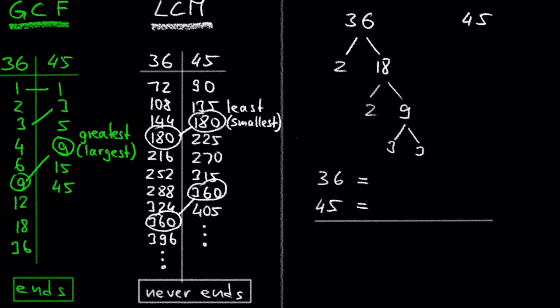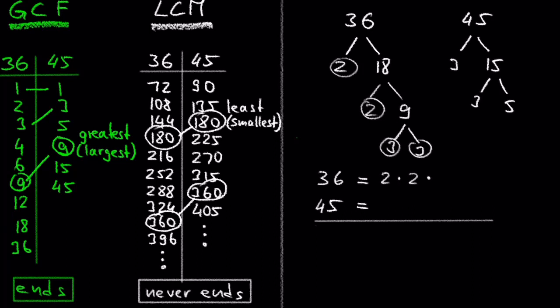We do the same with 45. 3 times 15 equals 45 and 3 times 5 equals 15. So the prime factorization of 36 is 2 times 2 times 3 times 3. And the prime factorization of 45 is 3 times 3 times 5.